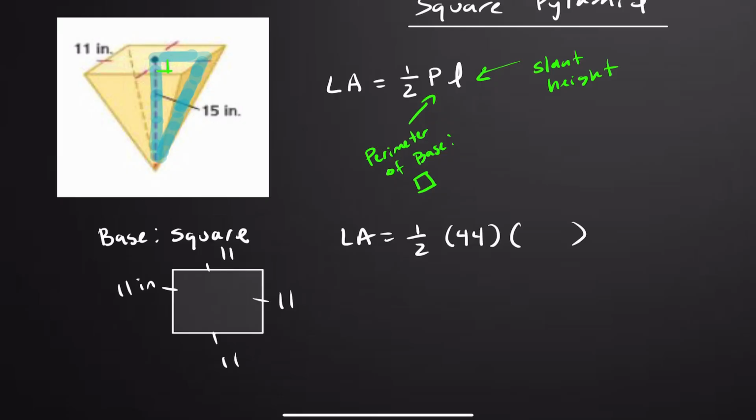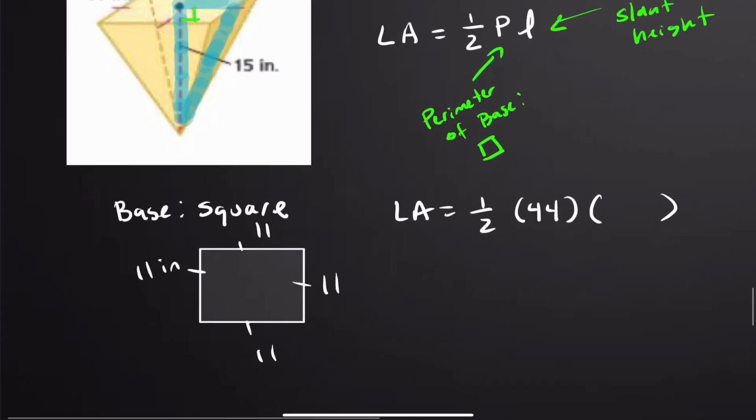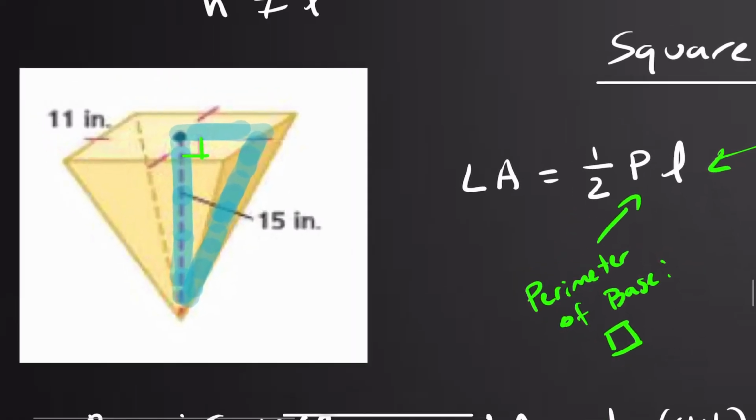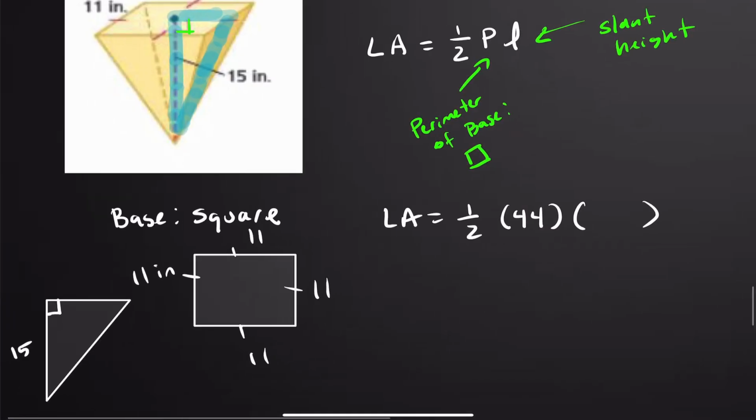So we're going to go ahead and draw that right triangle over here. We know that the height is 15. And from here to here, we know that this side is 11. So if it's from the center to one of the side lengths, then that's basically half of 11. That's 5.5.